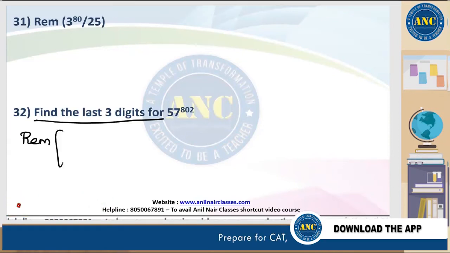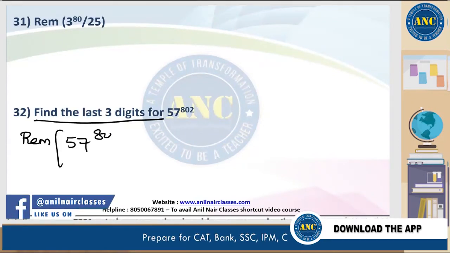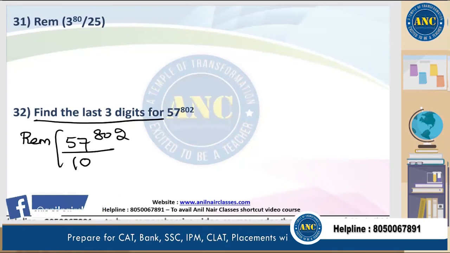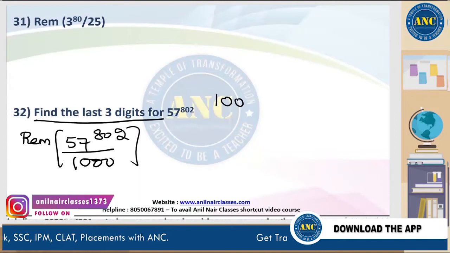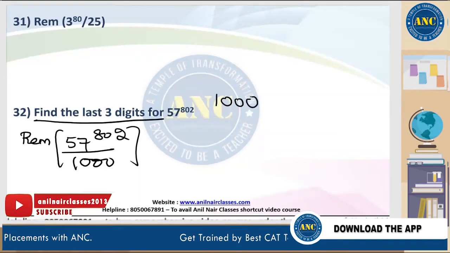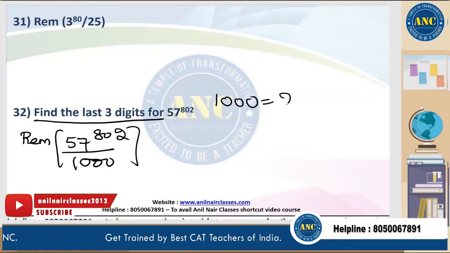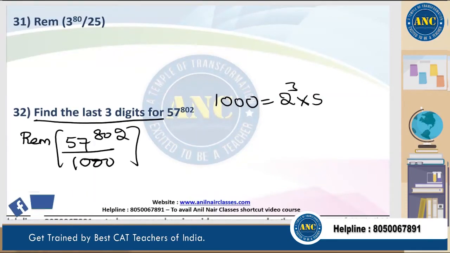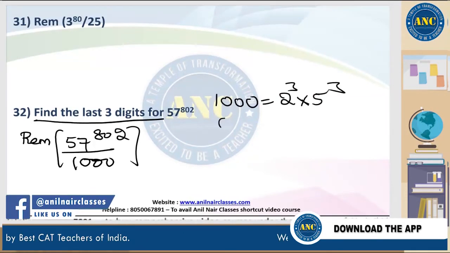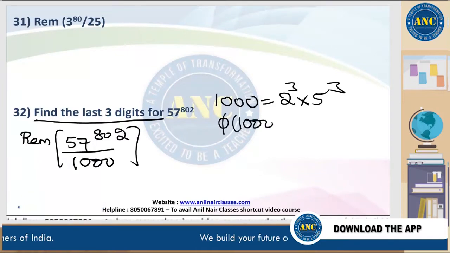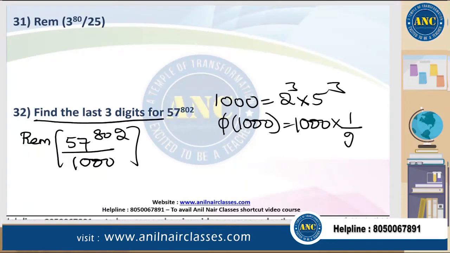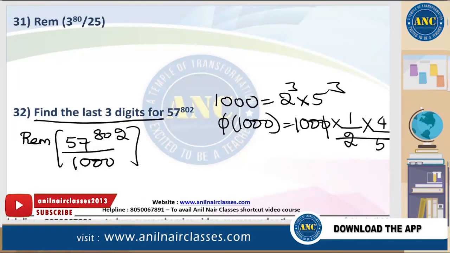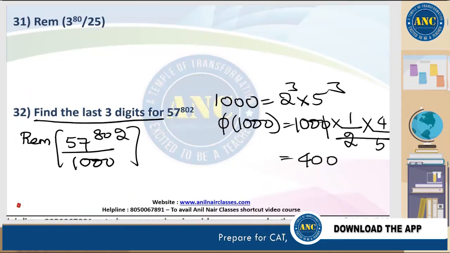Last 3 digits is the remainder of 57 power 102 divided by 1000. 1000 is a composite number. For a composite number, you can use Euler's quotient function, which is nothing but 8 into 125. So phi of 1000 is nothing but 1000 into 1 minus 1 by 2, 1 minus 1 by 5. 10, 100 into 4, 400.